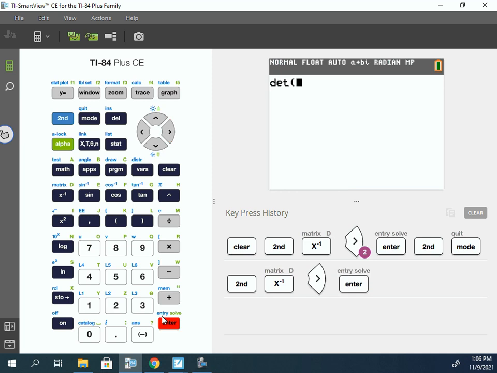So if we hit enter, we get this here. Now we can't hit enter again because we haven't told it what to take the determinant of. What we can do is go second matrix, enter to recall A, and then enter one more time. So the determinant of 2A is negative 48.